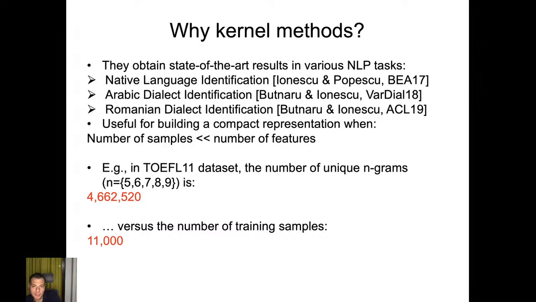So the kernel matrix will be much smaller than the matrix X. In this case, the kernel methods will be more efficient in terms of space, and they will allow us to use less computational resources in order to train an effective model.